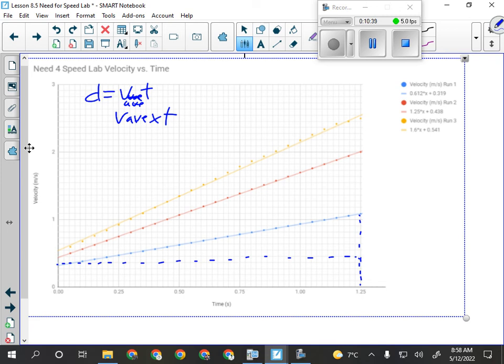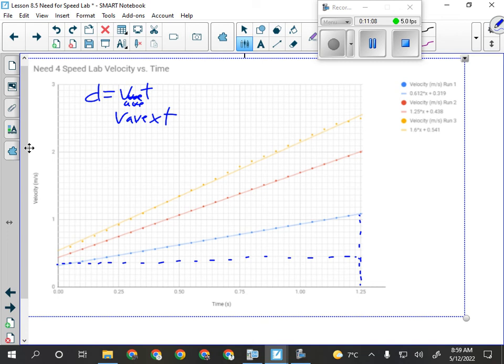Okay, is b on the y-axis? It is. So does it have the same units as the y-axis? It does. Okay, so your units for b should have been meters per second. It's your initial velocity. It's how fast the object was going at time 0, so it should have been in meters per second. Okay, and your slope should have been meters per second squared because it represents the acceleration. Okay, and your displacement should have obviously been in meters.